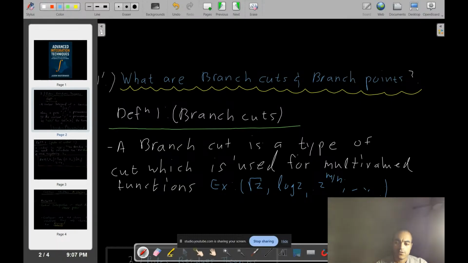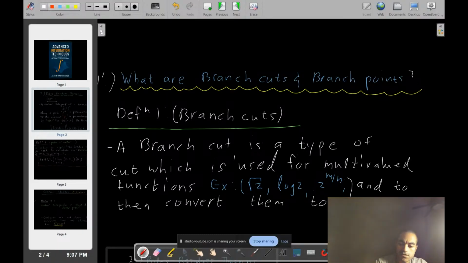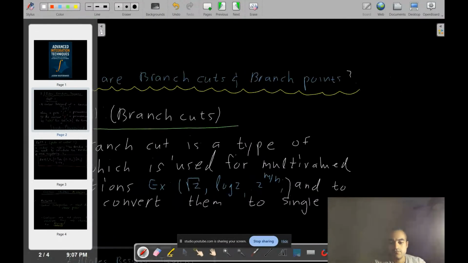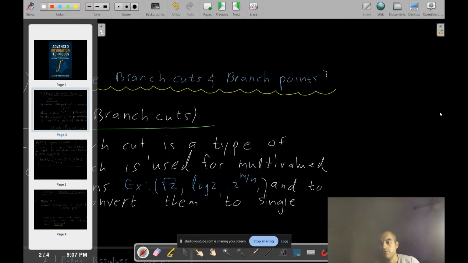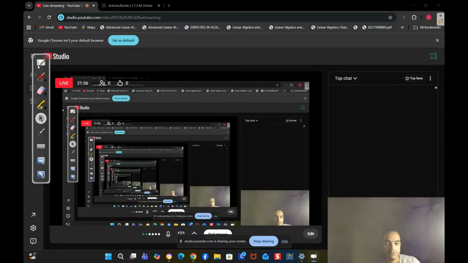It was used for multi-valued functions, to convert them to single-valued functions. So from multi-valued to single-valued functions.